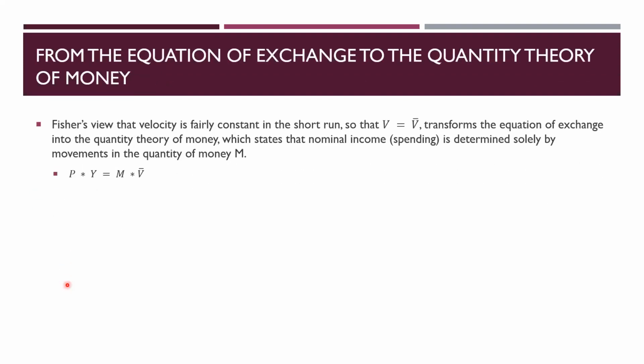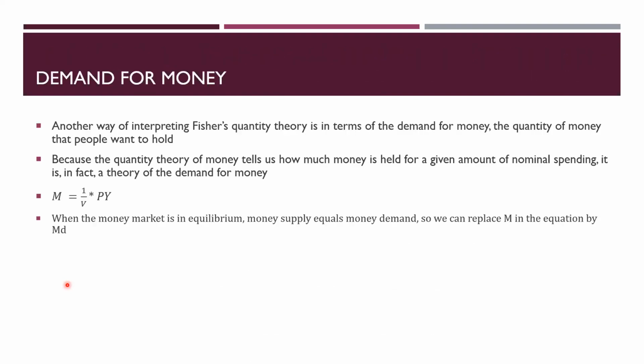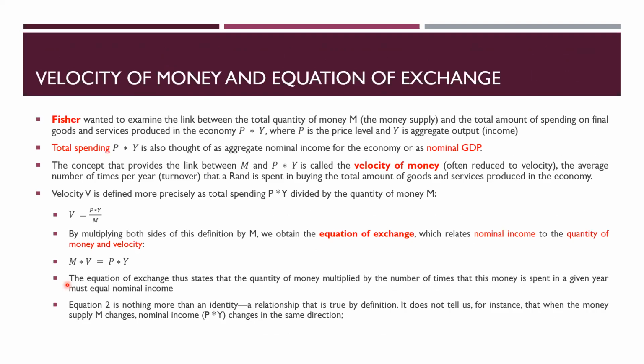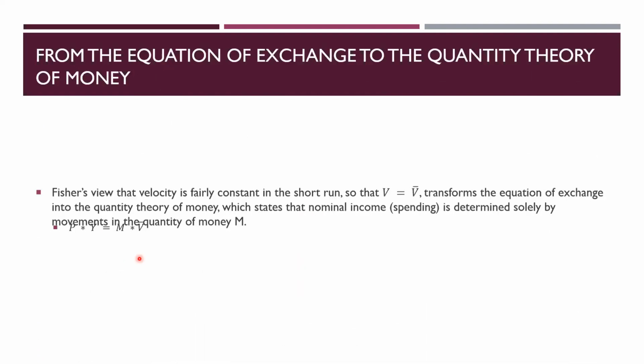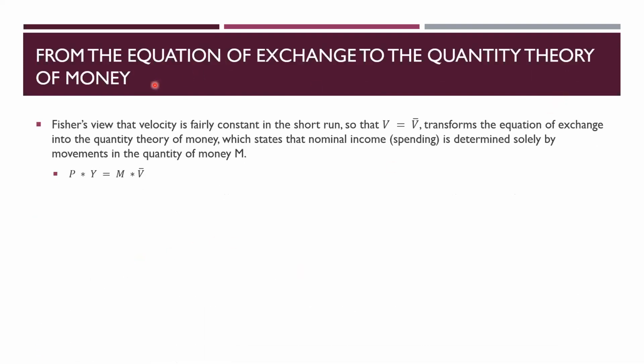But then we are still moving deeper and deeper, from the equation of exchange to the quantity theory of money. So we are now moving from the equation of exchange to the quantity theory of money. I will show you the difference between the equation of exchange, which is what we have here, and where we want to go, which is the quantity theory of money.